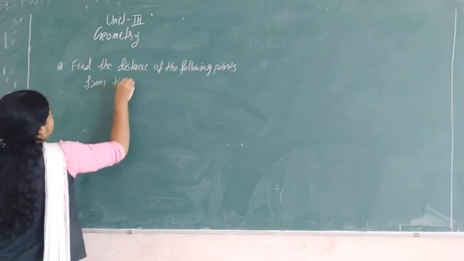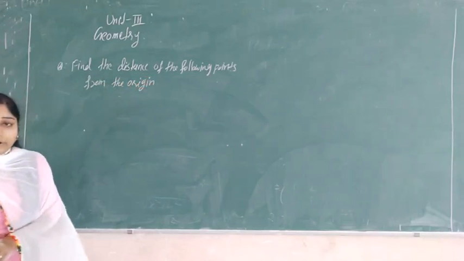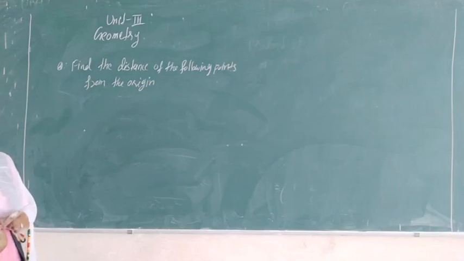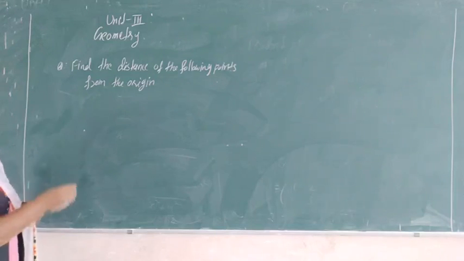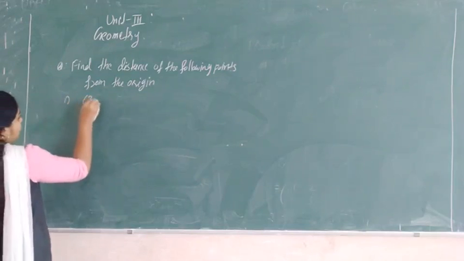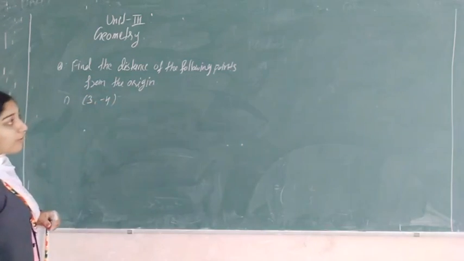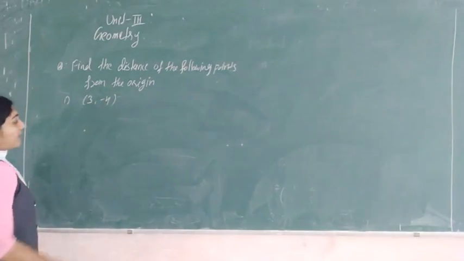They said from the origin, which means we have to use the second formula, because the second point is 0 comma 0. In the first, we are having 3 comma minus 4.